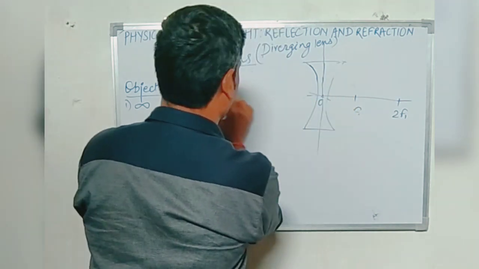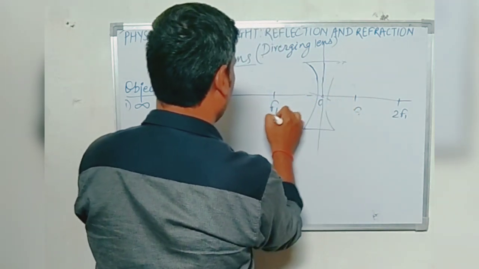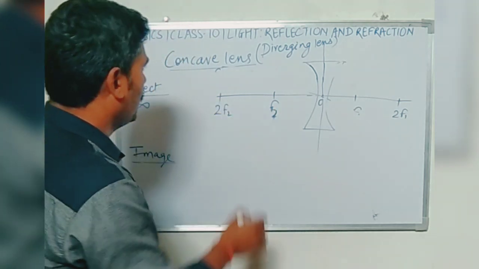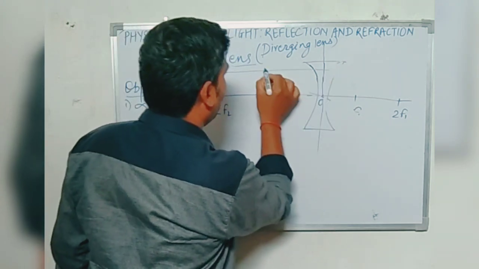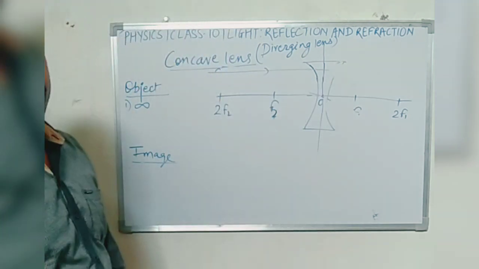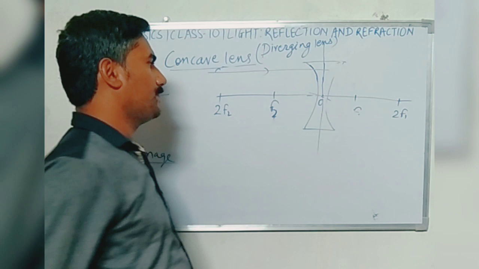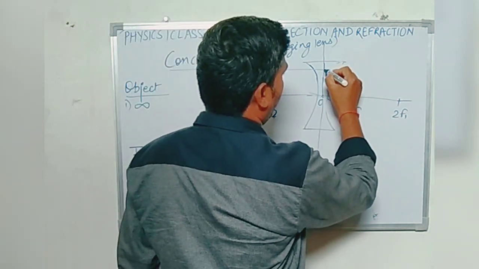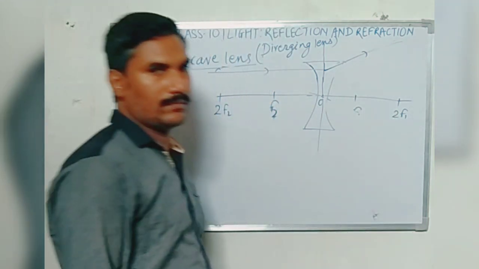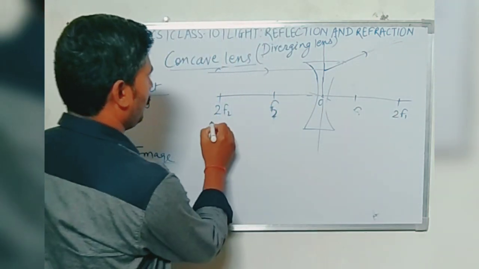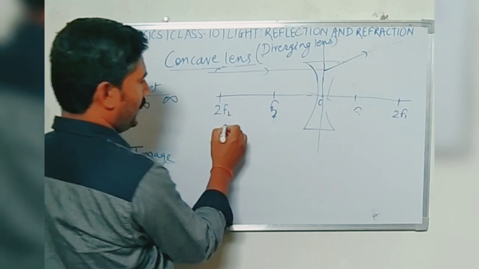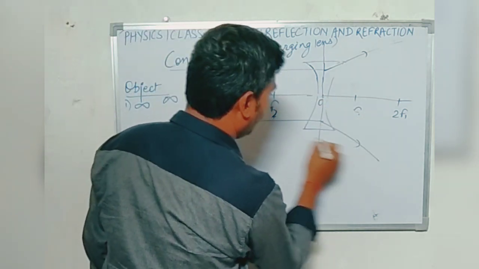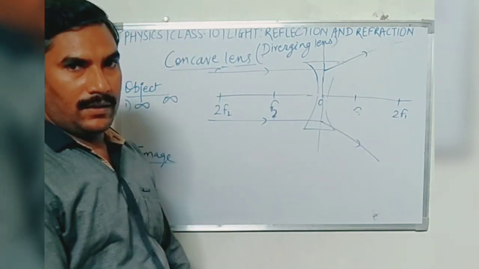So we will draw here. This is F2 and 2F2. Suppose the ray which is parallel to the principal axis is striking on this surface. After striking, it is refracted and gets diverged. Since rays are coming from infinity, we will consider the ray like this, and it will diverge.